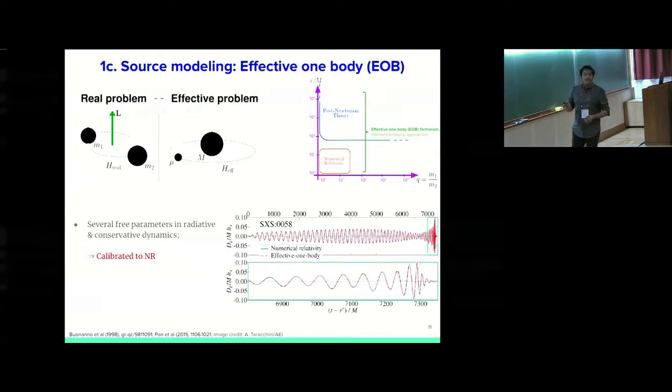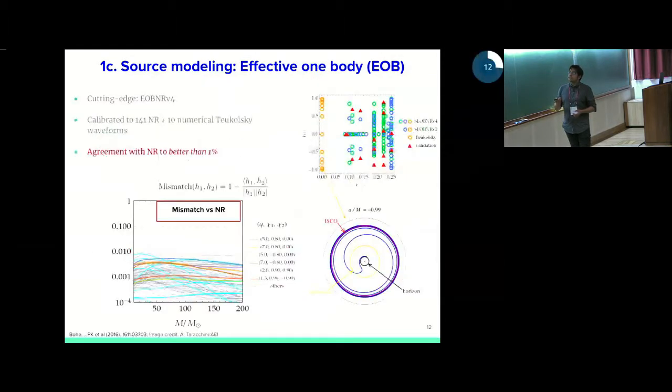Now, this model has free parameters both in the conservative as well as radiative parts of the dynamics. And those free parameters are then carefully calibrated to numerical simulations to make sure that the model agrees with numerical results, right? So this is the state of the art in terms of how accurate EOB models are.